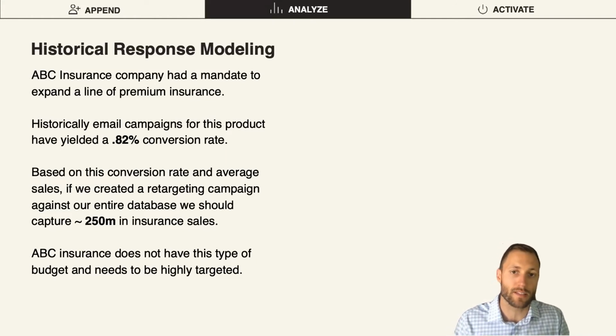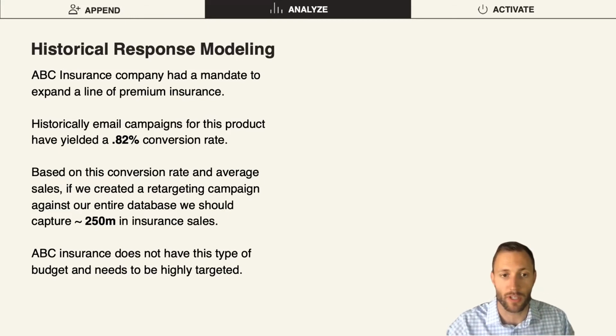And based on this conversion rate, they have about 5 million contacts in their database, assuming an average amount of sales and average conversion rate. If they hit every single contact, they can make a total of $250 million in insurance sales. Unfortunately, we don't have the budget to do this, so we need to target really effectively. But our goal here is to get as much of that total 250 million as we possibly can.